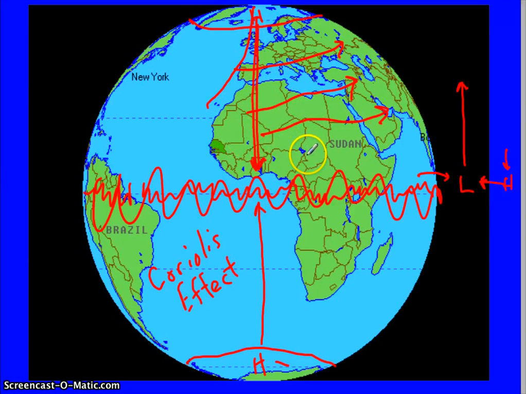Now we've got a lot of things in the atmosphere, more than just air. You have the water as well as the air, and anything that you put in the air, like airplanes. But anyway, let's see what that does to the Earth's winds.